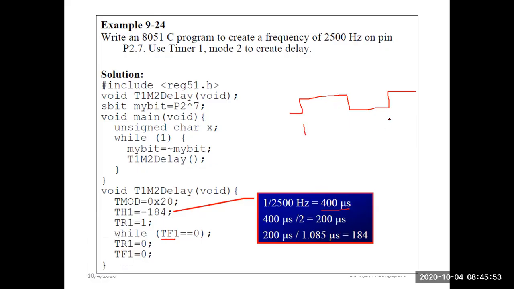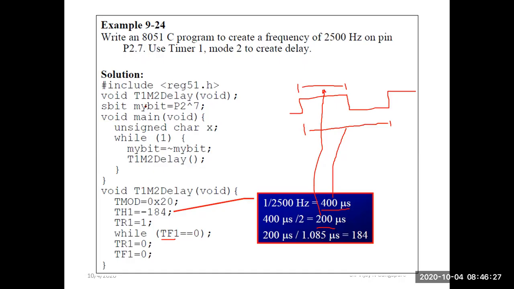This time period is 400 microseconds, and this will be how much? Half of that, so this will be 200 microseconds. This means we have to generate a delay of 200 microseconds by using timer 1 in mode 2, that is the 8-bit auto reload timer mode. And we have to just toggle pin number 7 of port 2 in between.